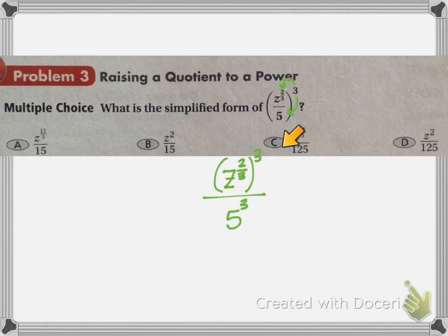Now I have to remember my power of a power rule. The 3's are going to cancel because I multiply the exponents, 2/3 times 3, and I'll get z squared. And on the bottom, 5 to the 3rd is 125. So z squared over 125. Your answer is D.